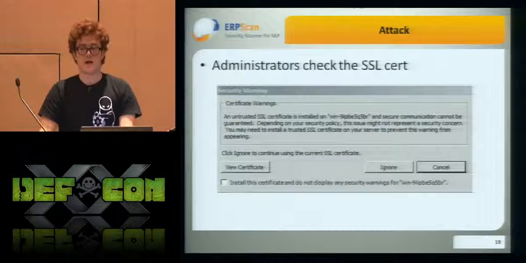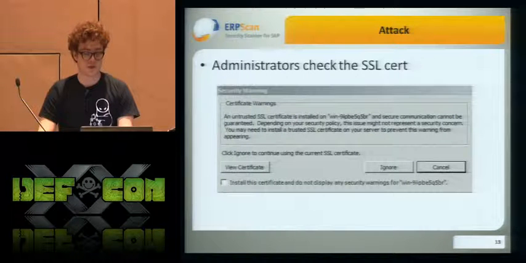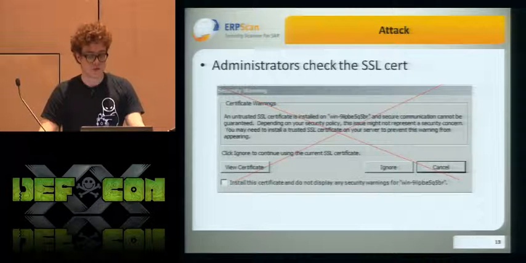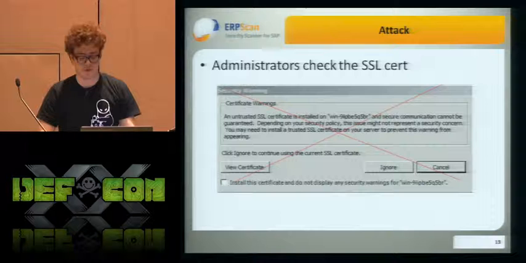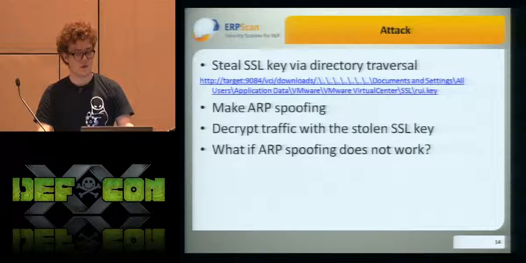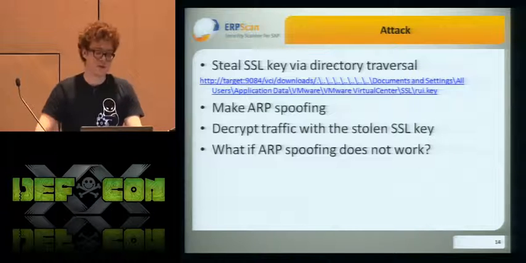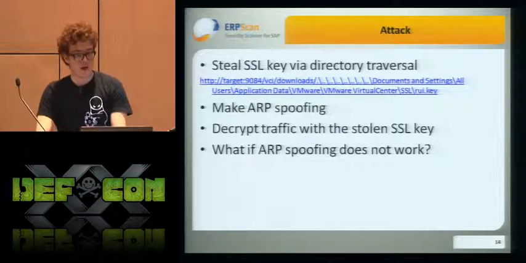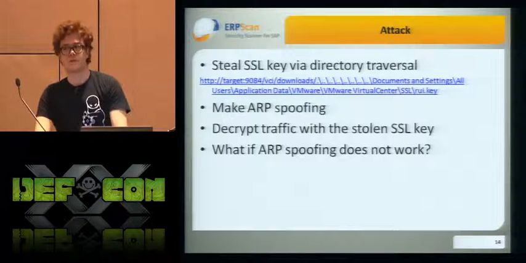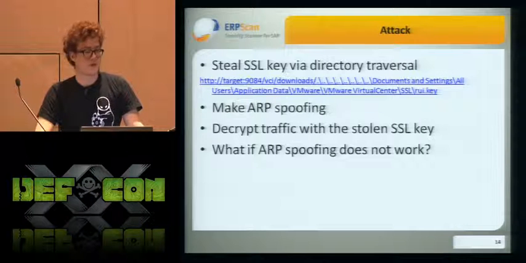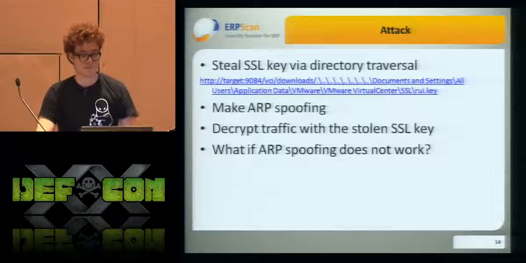But the administrators of this network were pretty clever, and they added the certificate to trusted and didn't click the ignore button, so it doesn't work. So we found another way. We just steal the key via directory traversal, make ARP poisoning, and decrypt the traffic. But what if ARP spoofing doesn't work?